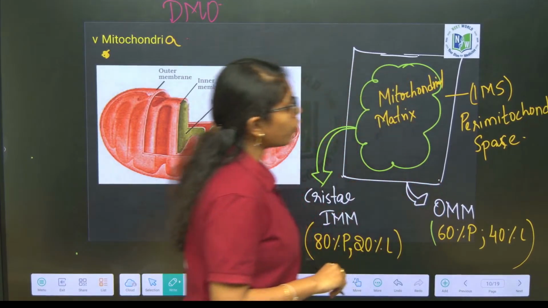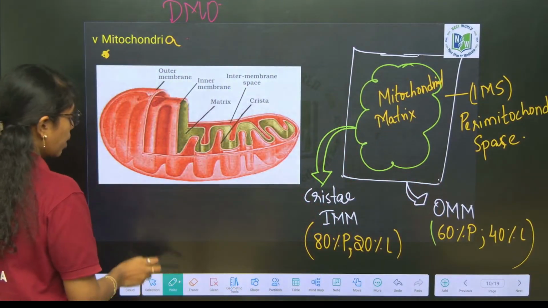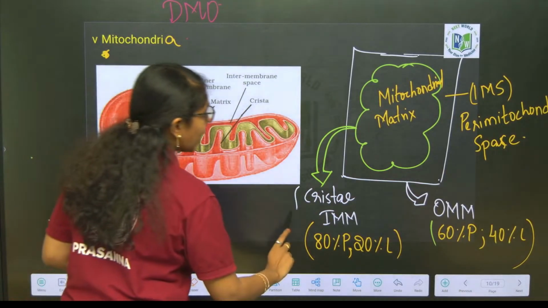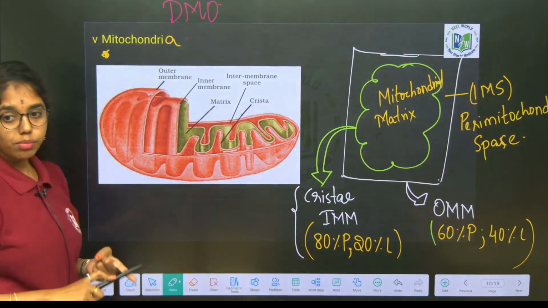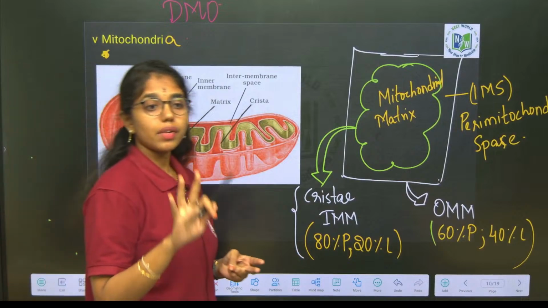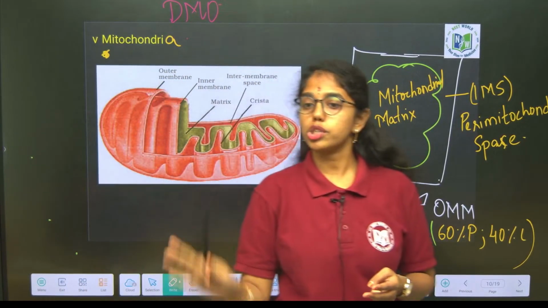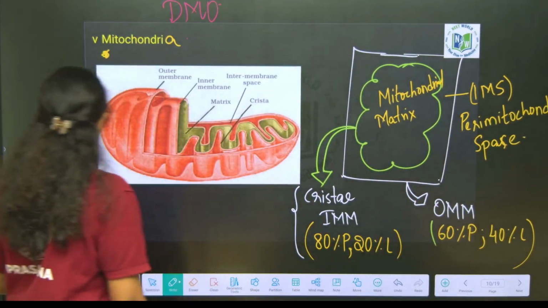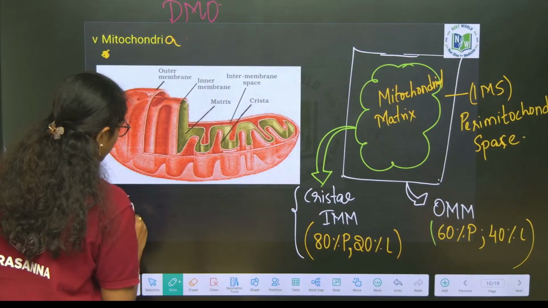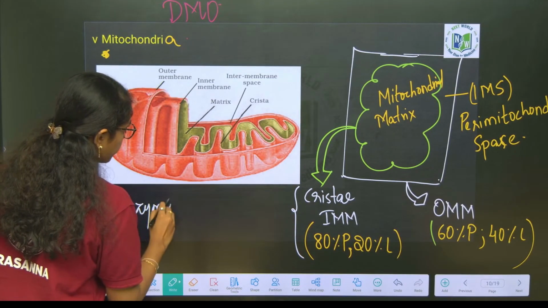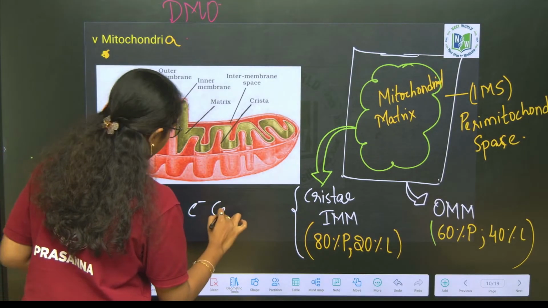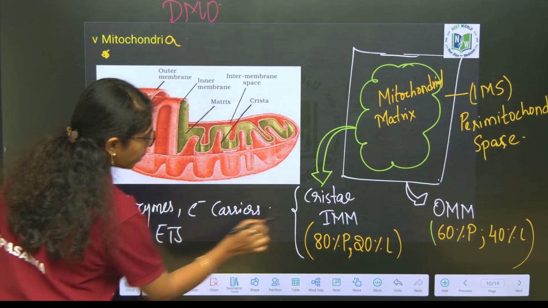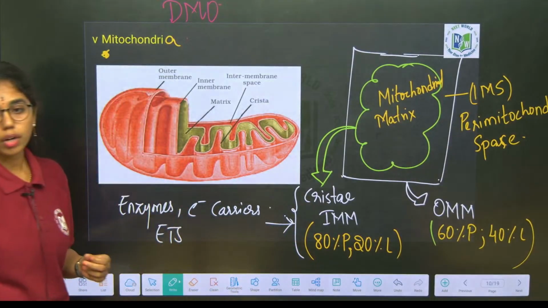Now, what are composed in inner mitochondrial membrane and mitochondrial matrix? You have to know that. All the enzymes and electron carriers required for the electron transport system are present in the inner mitochondrial membrane.